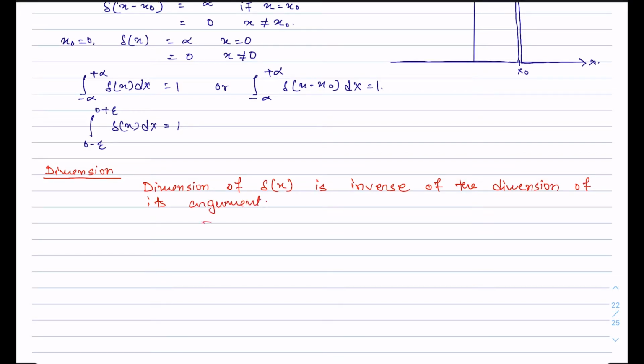So the dimension of delta(x) is inverse of length. Now if the Dirac delta function is defined, say, in momentum space, that is delta(p), then its dimension will be inverse of momentum.